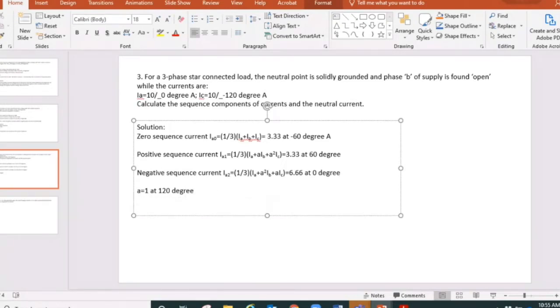And now the next part is to calculate the neutral current. IN is the sum of all the three phase currents, IA plus IB plus IC.